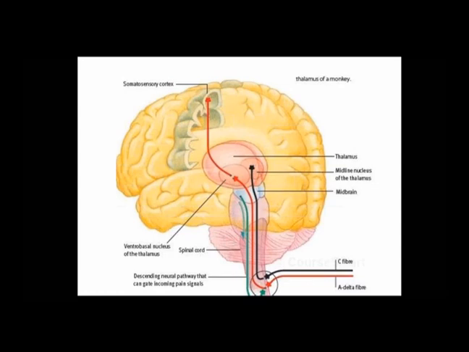So, you know, when you stub your toe and there's that first jolt of pain, and then you actually get upset because you know what's coming, and it's that long, prolonged throbbing feeling. That throbbing that comes after the fact is these C fiber pathways.